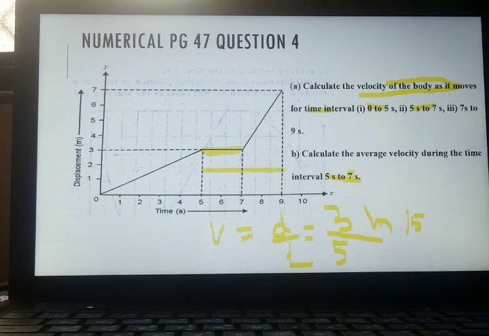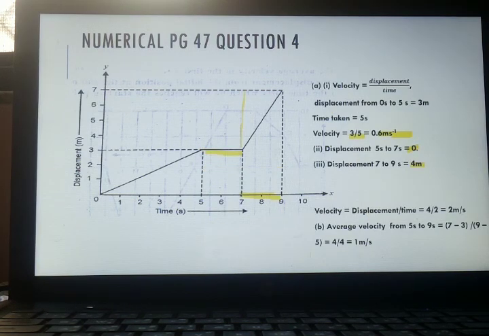The distance travelled over here will be the same, 7 minus 3, that is 4, and the time span is 1, 2, 3, 4. So 4 upon 4, you will be getting an average velocity of 1 meter per second.